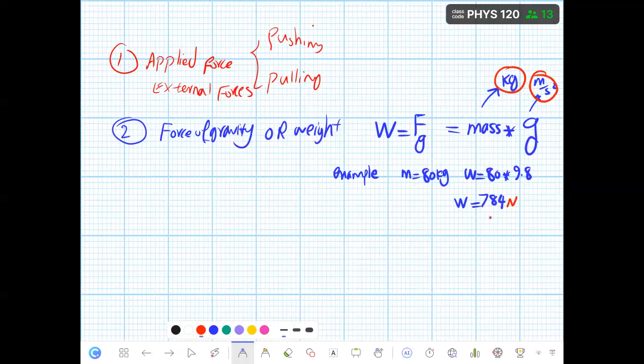So we say 784 N, or 784 kilogram meter per second squared. Good? Both are correct, Newton or kilogram meter per second squared. It is important. What is the unit of the force? Newton or kilogram meter per second squared. Same thing.